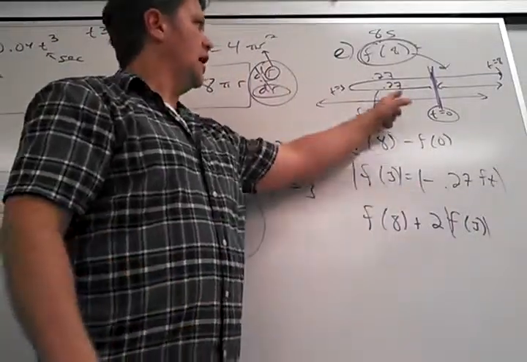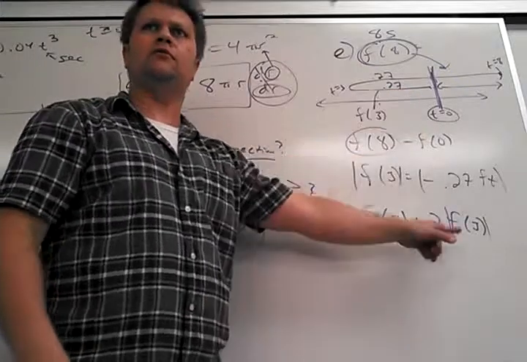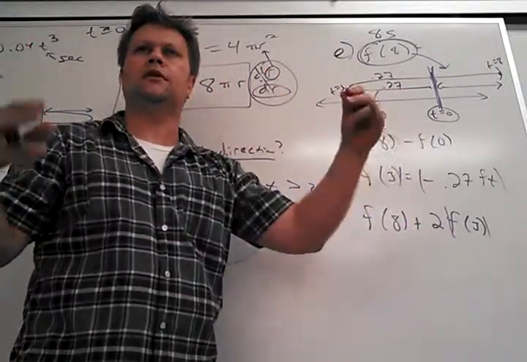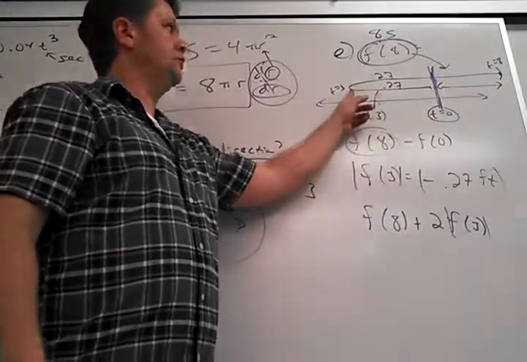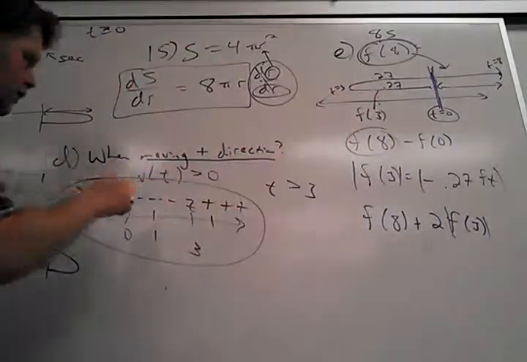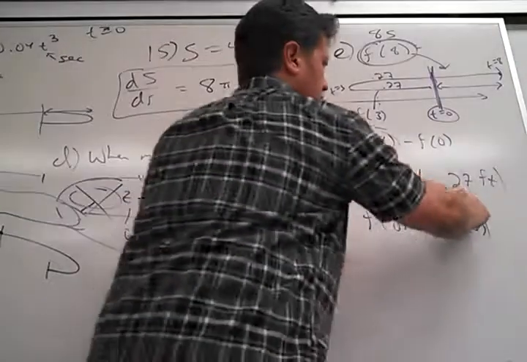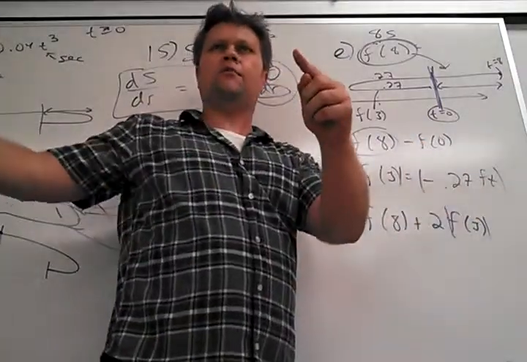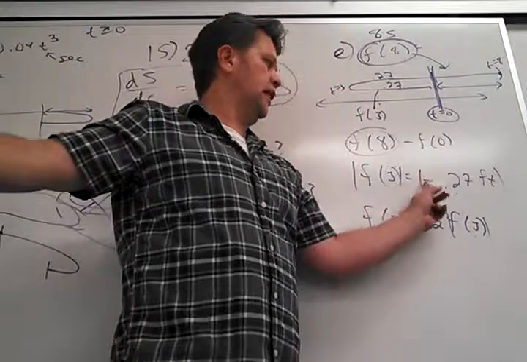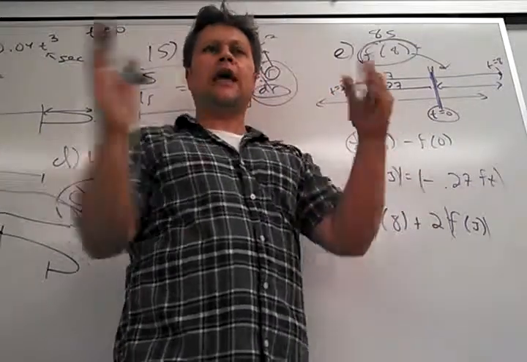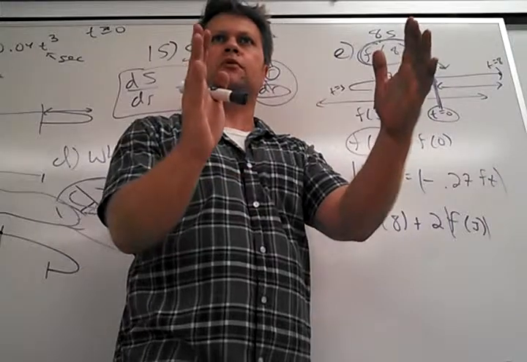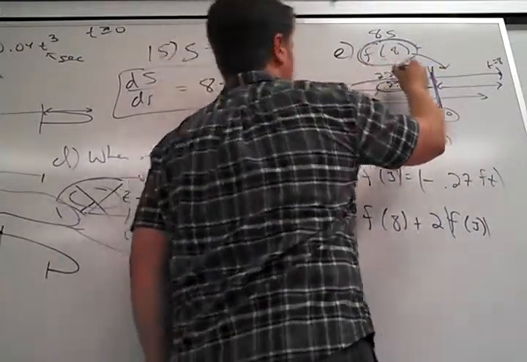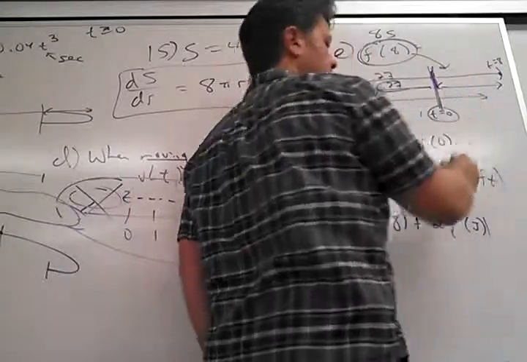I went back to 0.27, and the negative point there was negative 0.27, but I'm not going to use the negative, because the distance I went was 0.27 feet backwards. That's all the negative means. So that's why the absolute values show up when you look at the example. It's twice 0.27, not negative 0.27.